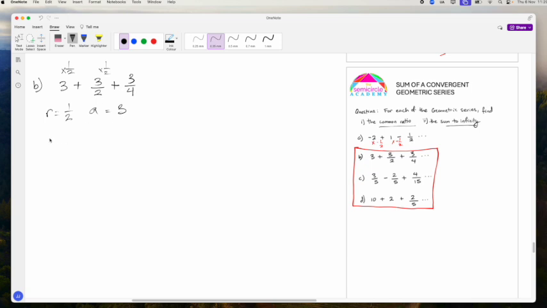So I will say the common ratio is a half, and the first term is 3. So the sum to infinity, and we'll notice here that R is indeed a fraction, which means that it will be a convergent series.